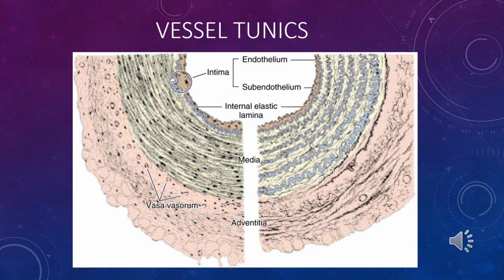But tunica media is different, and the differences are joined with the names of the arteries and with differences in hemodynamics. In tunica media of the elastic artery, there are more elastic fibers, in contrast to smooth muscle cells. In the muscular artery, there are more smooth muscle cells and not as many elastic fibers.